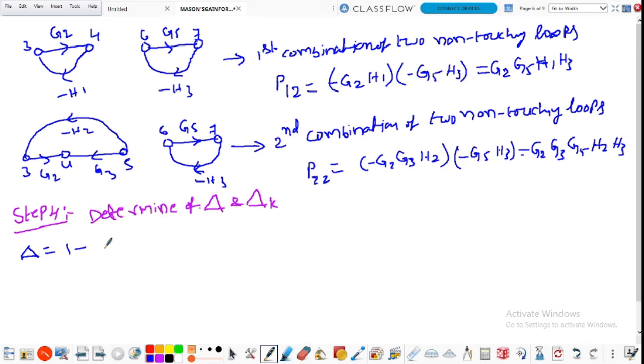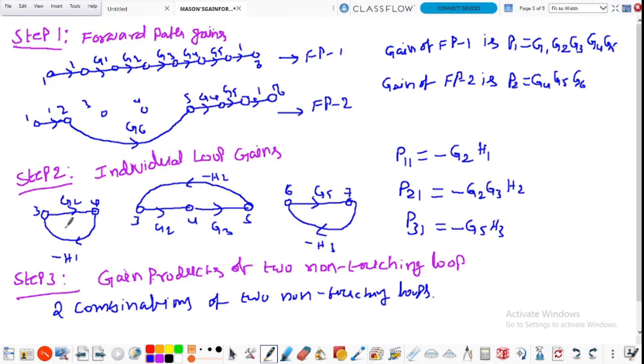Here there are three individual loops: this is the first individual loop, second individual loop, and third individual loop. What are the individual loop gains? Represented as P11, P21, P31, these are the individual loop gains.